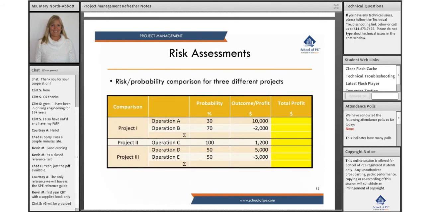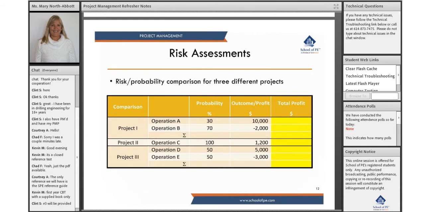So here are three generic projects: Project 1, Project 2, and Project 3. Project 1 involves two different operations, A and B. Project 2 is just one, and Project 3 is simple. There are just three, and we've assigned probabilities to each. For the first project, you have a 30% probability of operation A, with a profit of $10,000, but only a 30% chance of that happening.